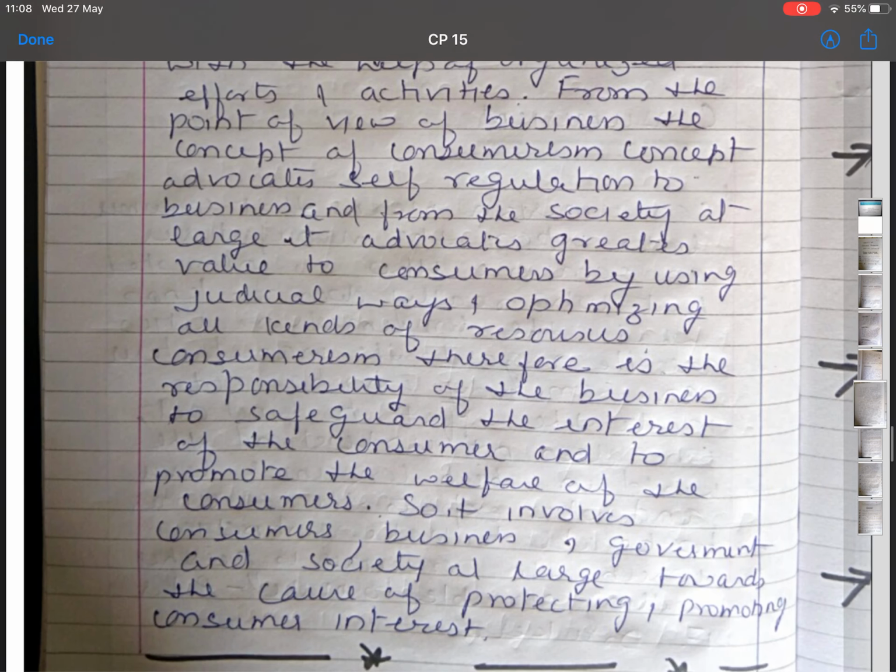Consumerism, therefore, is the responsibility of the business to safeguard the interest of the consumer and to promote the welfare of the consumer. So the concept of consumerism involves consumers, business, government, and society at large towards the cause of protecting and promoting consumer interest.